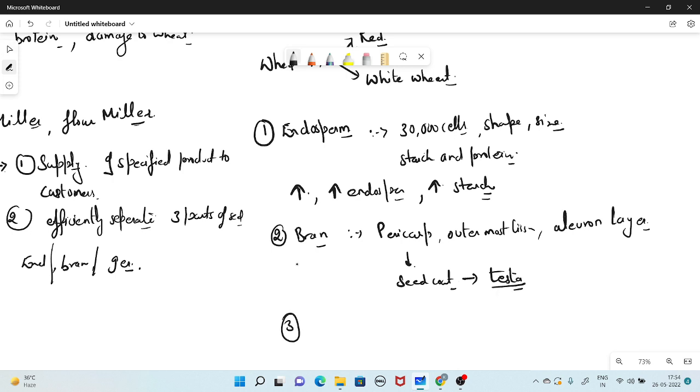If we talk about the third part, which is the germ, in the germ the embryo and scutellum are present, right?